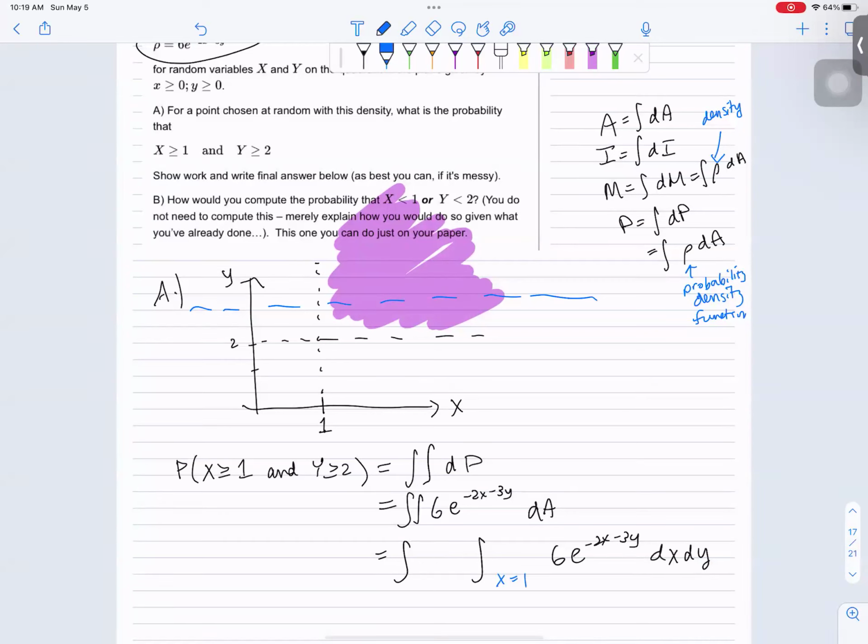X equals 1. Where does my blue line exit? It keeps on going forever, right? I have no restrictions because x could be as big as it wants to be. We just need greater than 1. It goes to infinity. Out of all these blue lines I could draw, what is the smallest y value? Y is 2 at least, and it keeps on going to infinity.